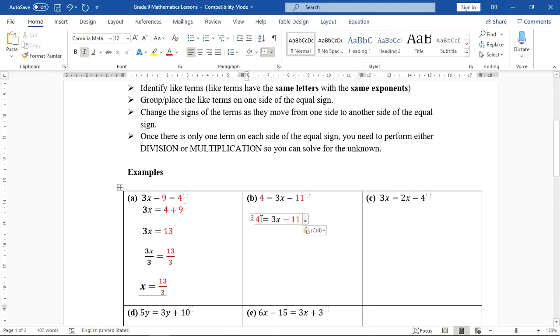So we say plus 11, so that this one will no longer be here. 4 plus 11 should give us 15.